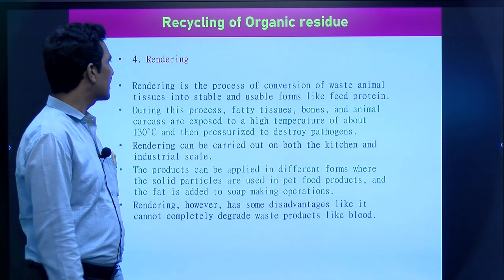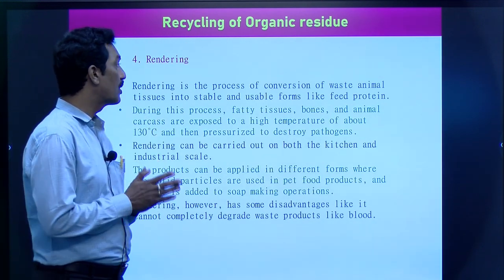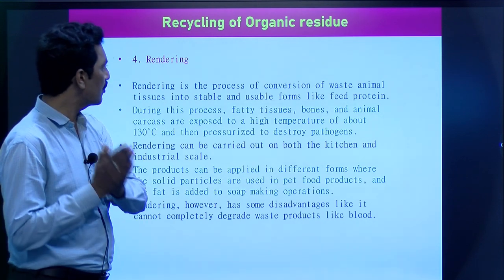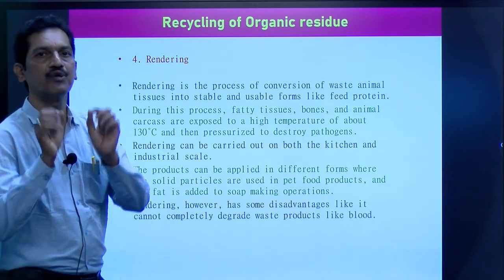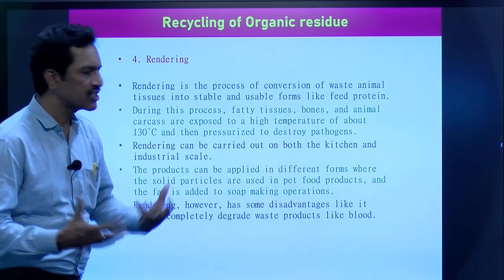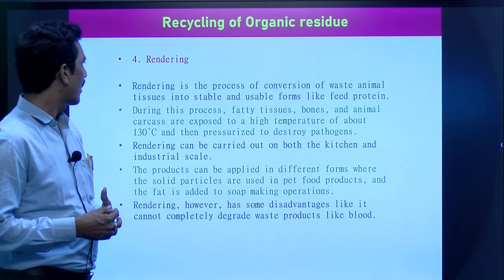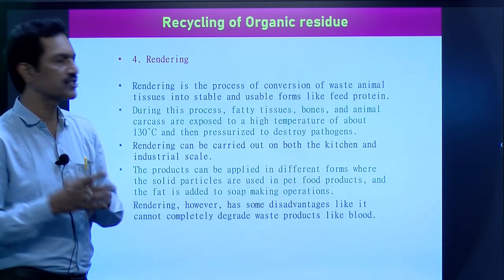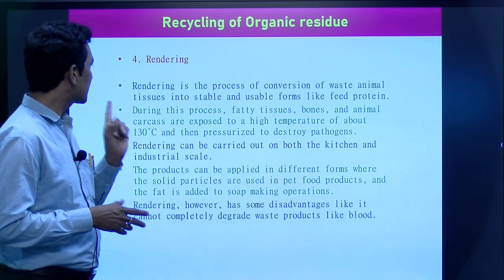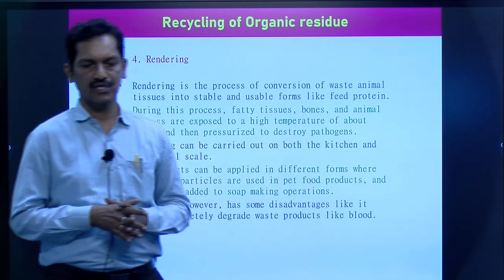Rendering is the conversion of waste animal tissues into stable and usable forms like food protein. During this process, fatty tissues, bones and animal carcasses are exposed to high temperature of about 130 degrees centigrade, then pressurized to destroy all pathogens.